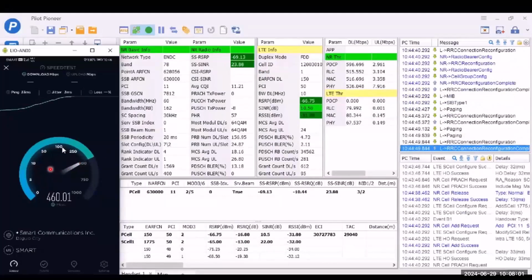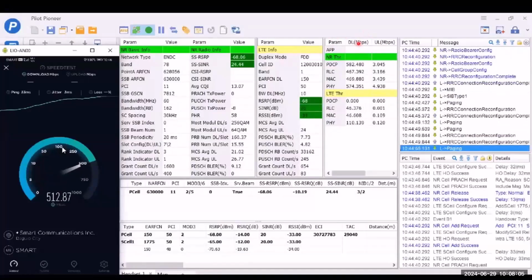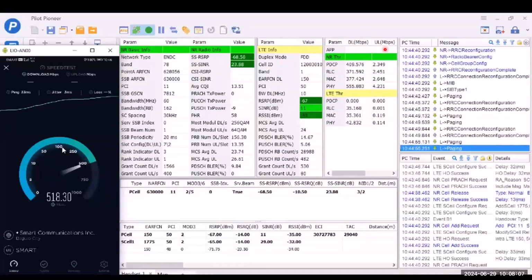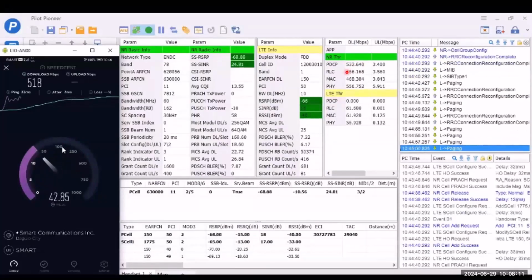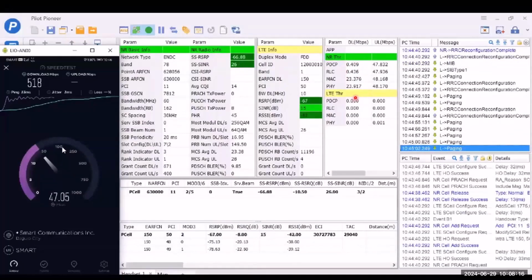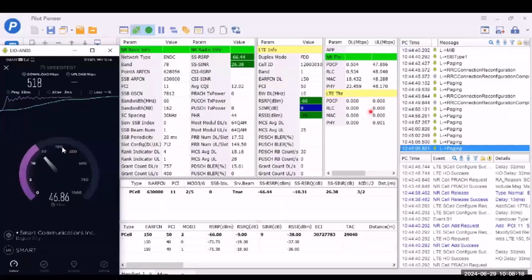Now, if you look at the throughput, you will see here the parameters for download in Mbps and upload in Mbps. There is a throughput coming from 5G, and there is also a throughput coming from LTE.